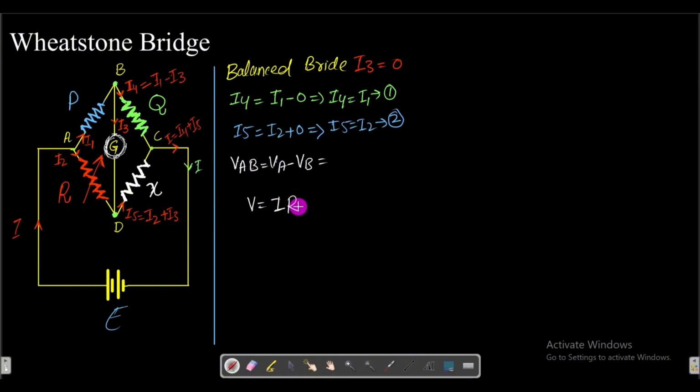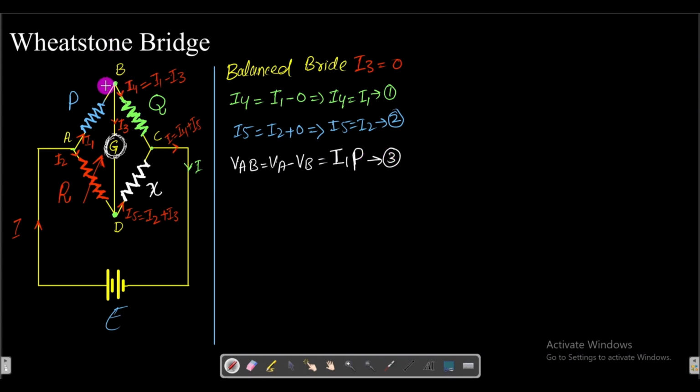So in this case, VA minus VB is equal to the current I1 passing through the resistor P. So here is the resistor P. So this is equation 3.